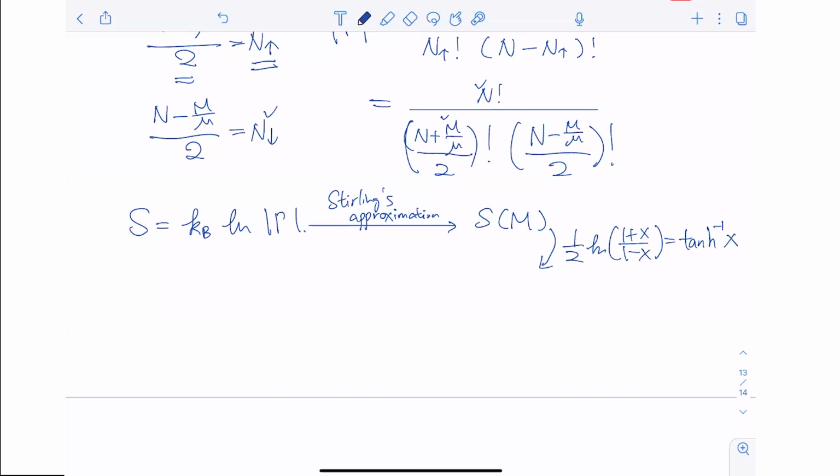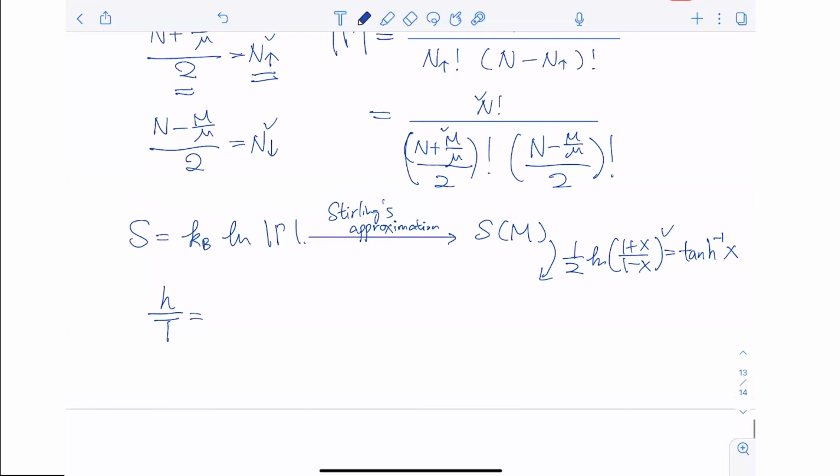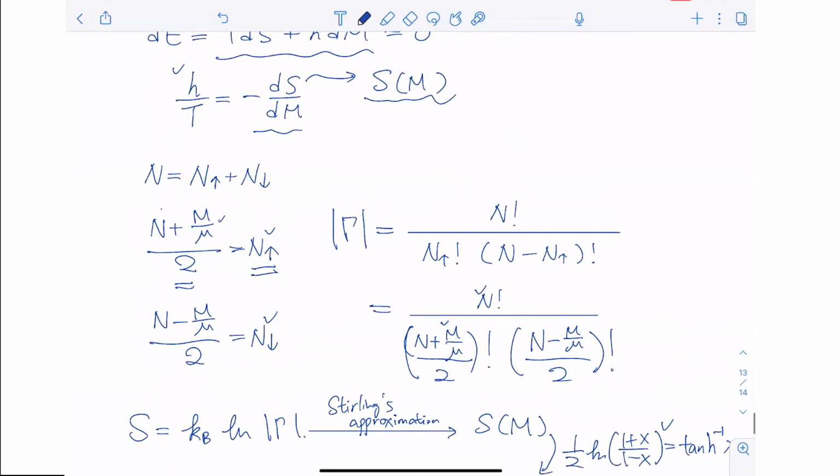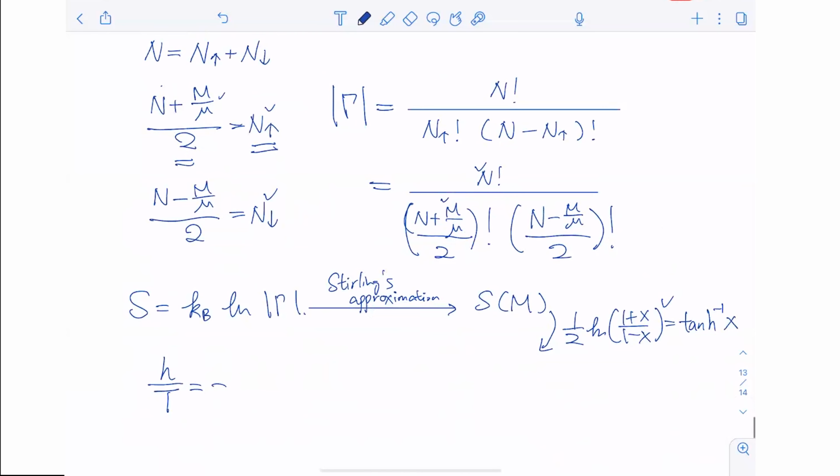Because once you use Stirling's approximation, you will get a bunch of natural logs and stuff like that. Once you collect them carefully, you'll see they have this kind of structure. And once you use this, you are able to see h over T is basically just the expression you got.